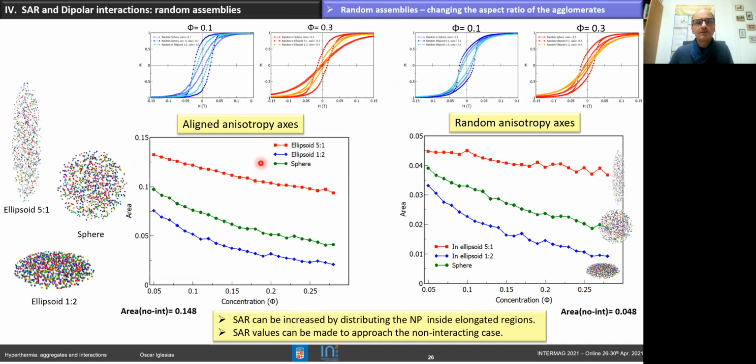Surprisingly, if we're able to randomly distribute the particles, doesn't matter if the anisotropy axes are aligned or not, in a region of space which is elongated in the direction of the field, the SAR will be much higher than placing the particles at random in a spherical region. So the SAR values can be made to approach the non-interacting case if we are able to distribute the particles inside more elongated regions.